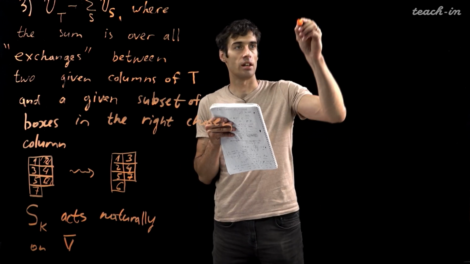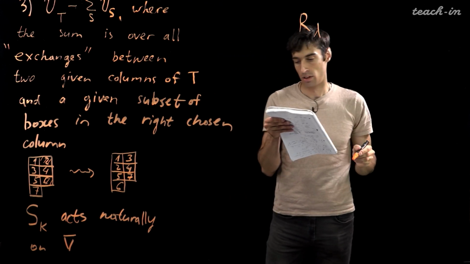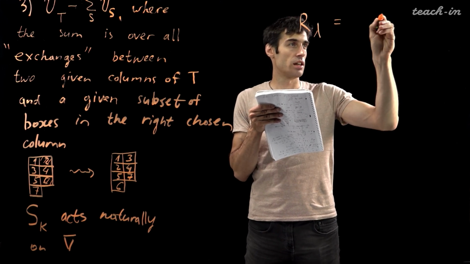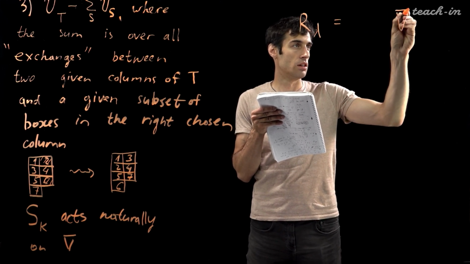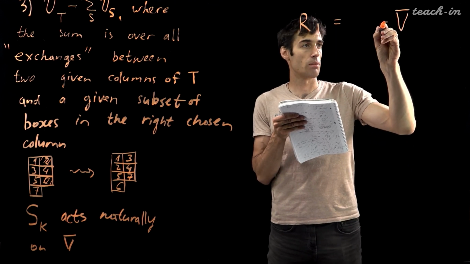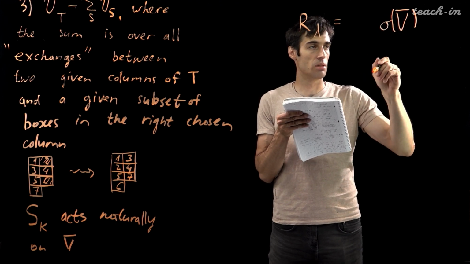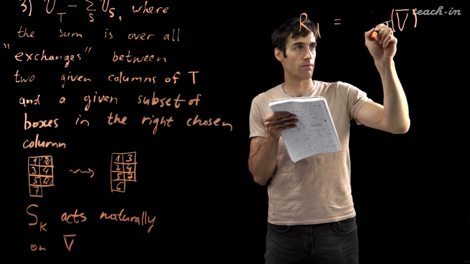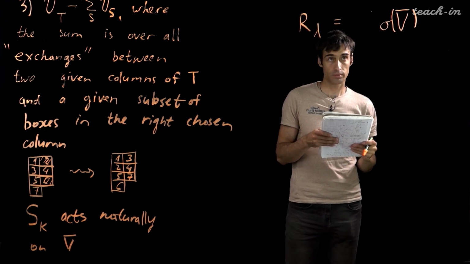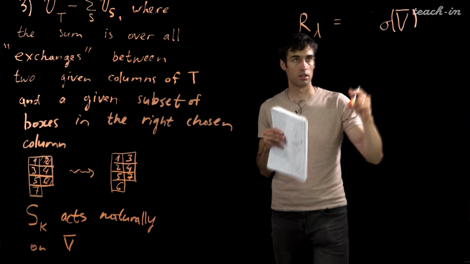And also I can write R lambda in such a way. I just take V bar, and it is an image of particular elements sigma of what's called the group algebra.